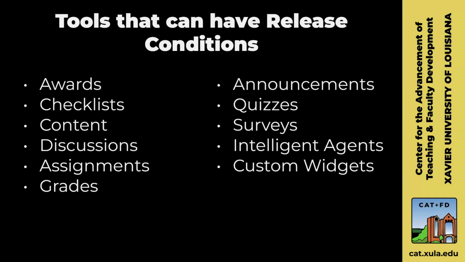Intelligent agents are a way for you to automate communications with your students. You can send them emails, and then also custom widgets. These are the tools, like I said, that can have release conditions.